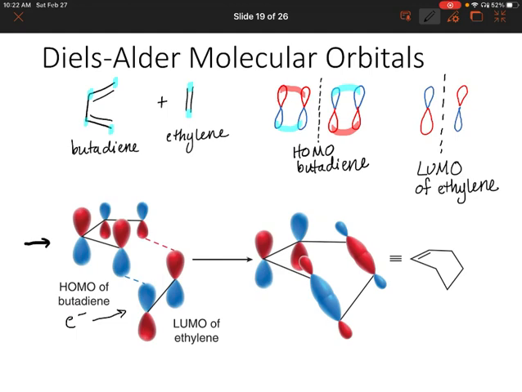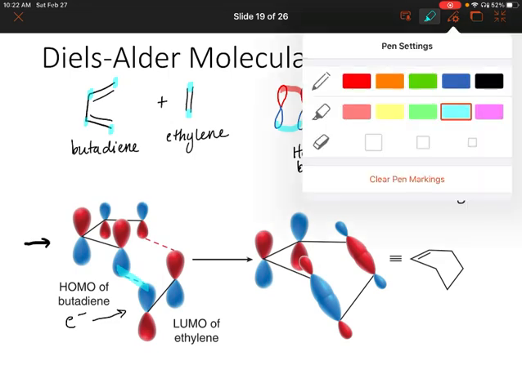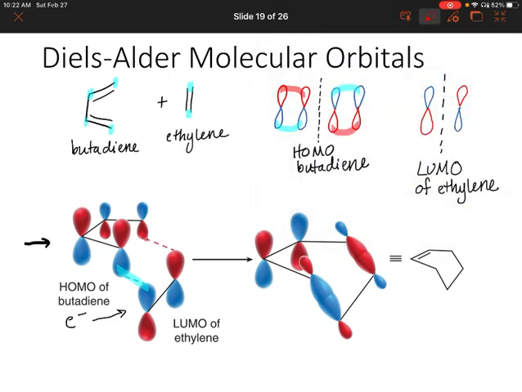That's why we end up with these new bonds. We get a bond between the two blue lobes, one from butadiene, one from ethylene, and then we also get a new bond between the two red lobes behind that, if that makes sense.